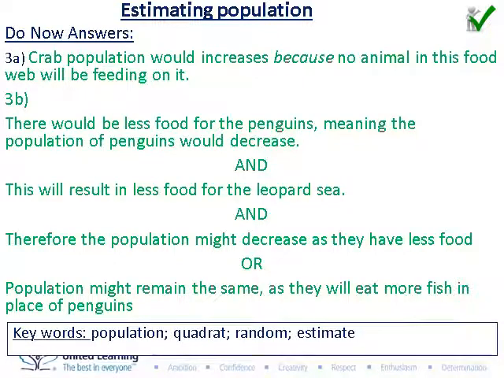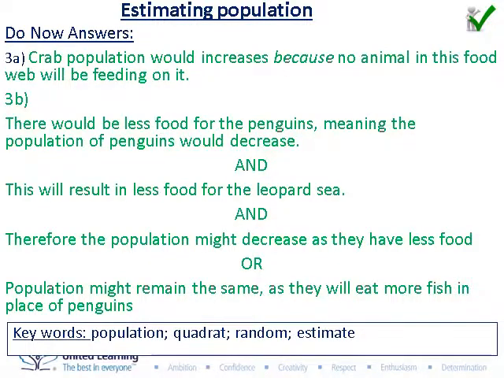So if nothing eats it, they're free to breed and they'll thrive. So just check your answer for 3B. It's quite straightforward based on what you did last lesson. If you really struggled with that, what I would do is get the link from the website to go back to last week's lesson, re-watch it, then have another go.